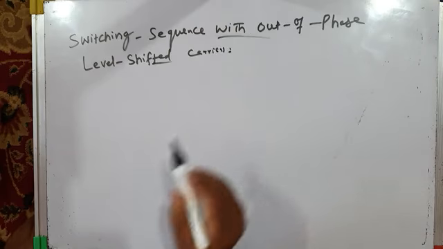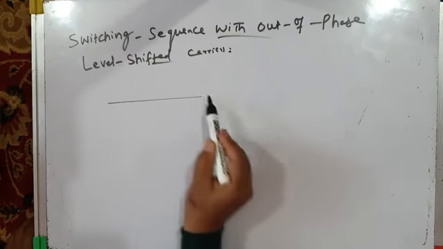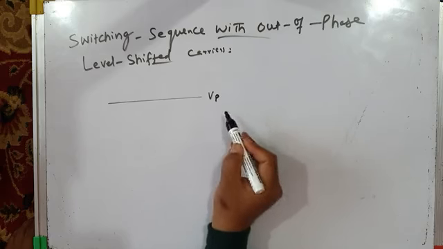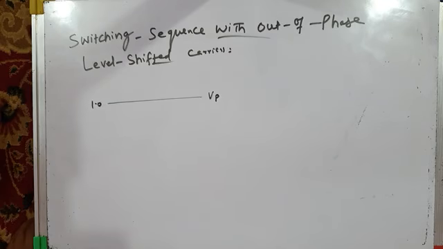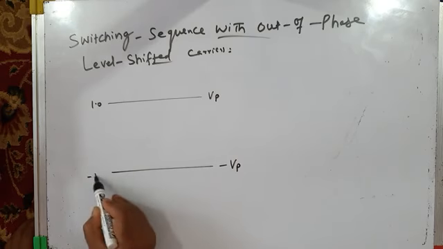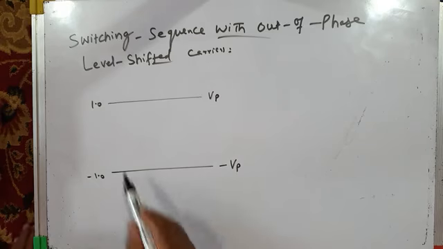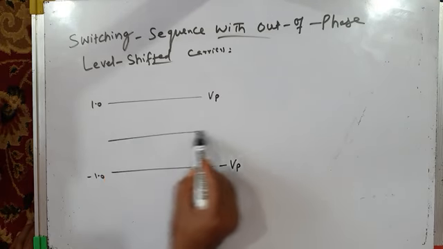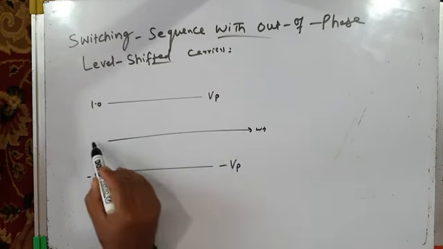Let us take one carrier cycle. See, this is my peak voltage of carrier Vp, which is plus 1.0, and this is minus Vp, it is minus 1.0. In between is 0. This is my omega t axis.